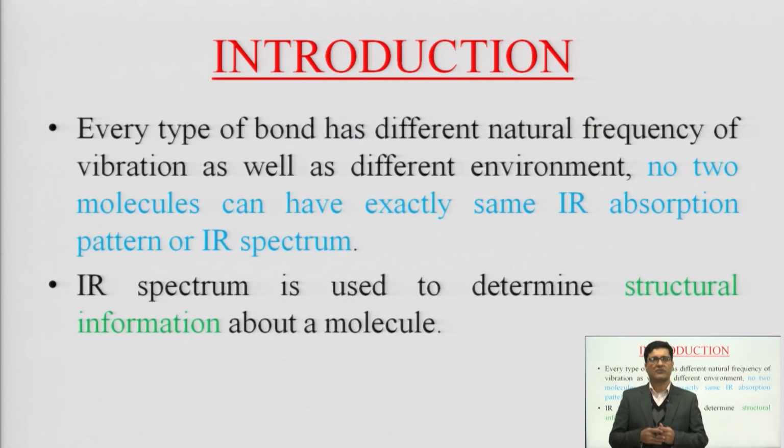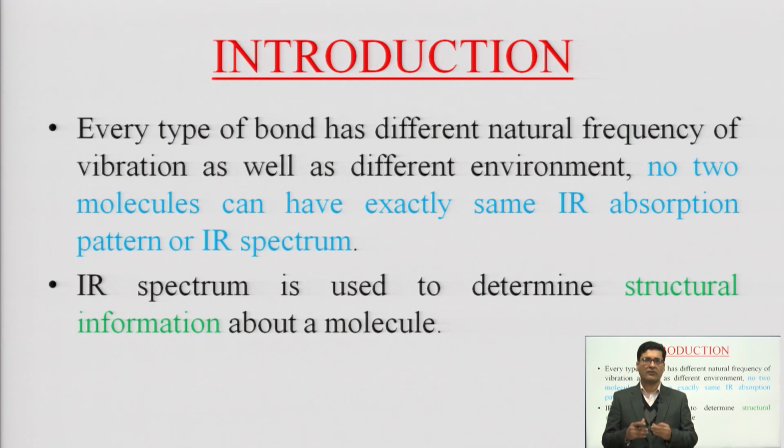Now, every bond in a molecule has a different natural frequency of vibration, and no two molecules can have exactly the same IR spectrum or pattern. Therefore, the IR spectrum is used to determine structural information about a molecule. This is the main information that we are going to exploit whenever we determine the structure of any molecule, because no two molecules can have the same IR spectrum.